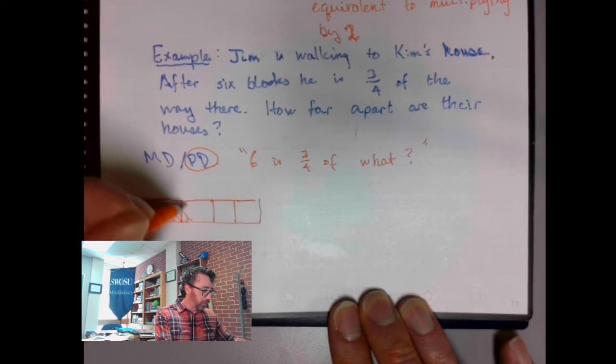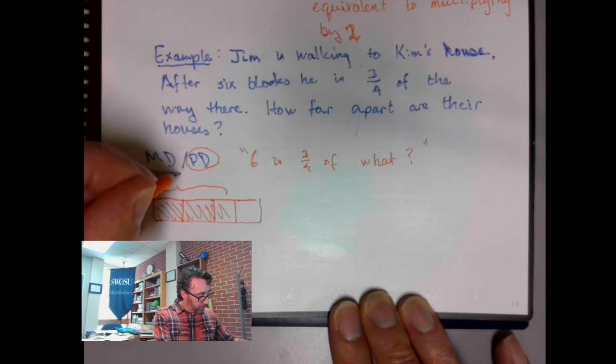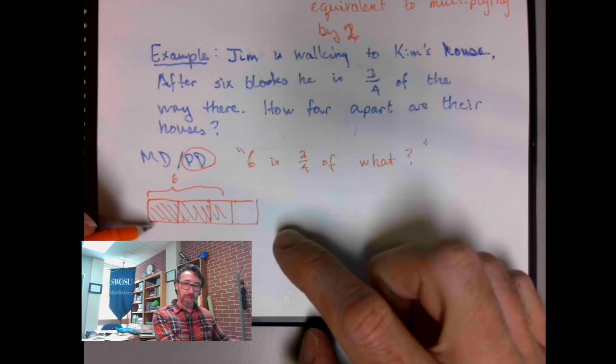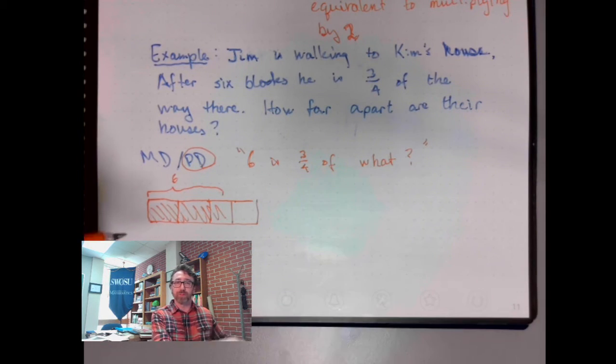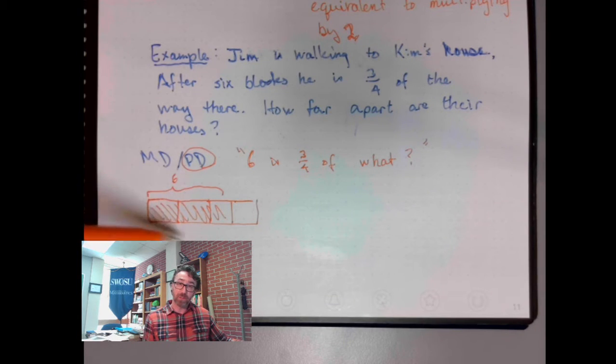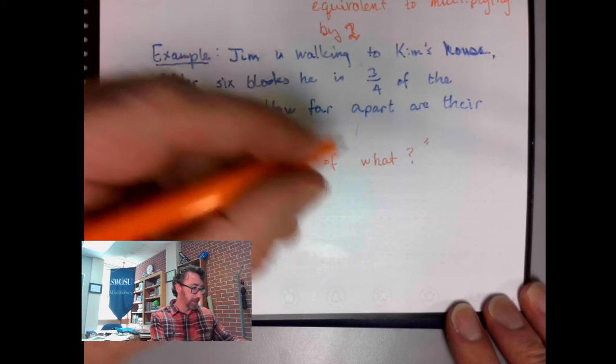I'm going to look at 3 of those pieces. This corresponds to the 6 blocks that he has already traveled. So the entire bar represents the distance from Jim's house to Kim's house. We know that 6 blocks corresponds to 3/4 of that entire distance.